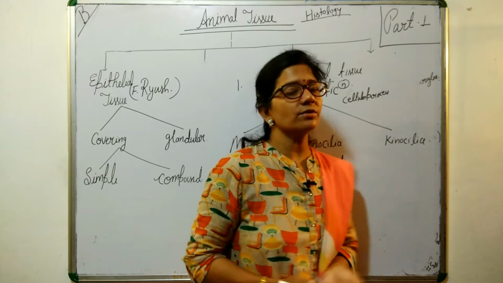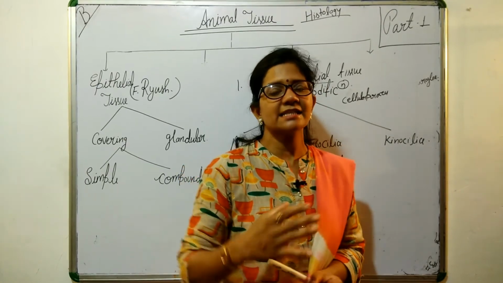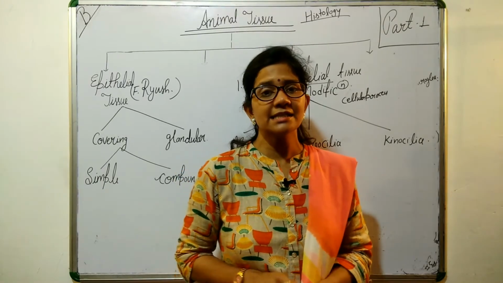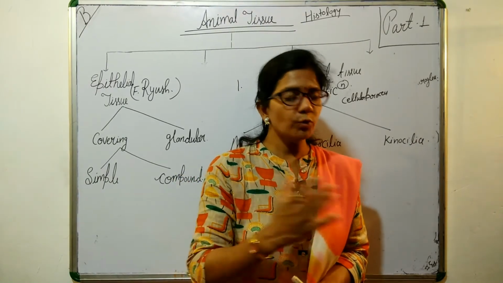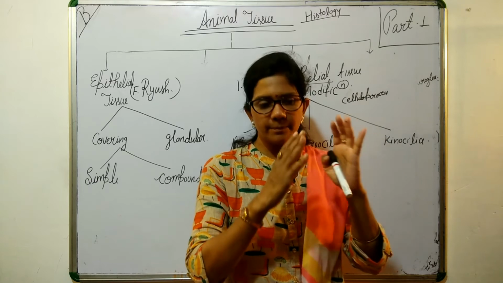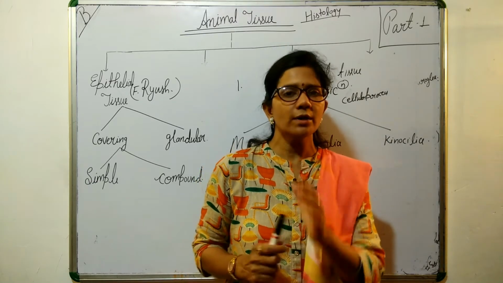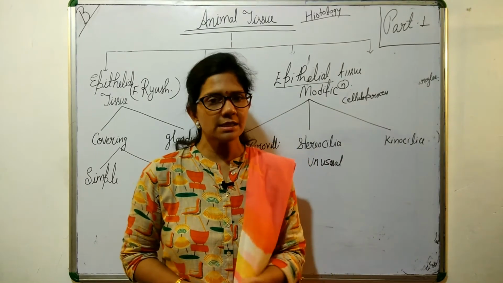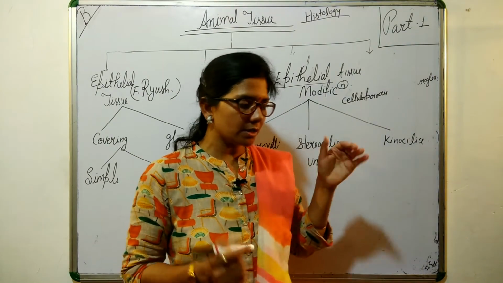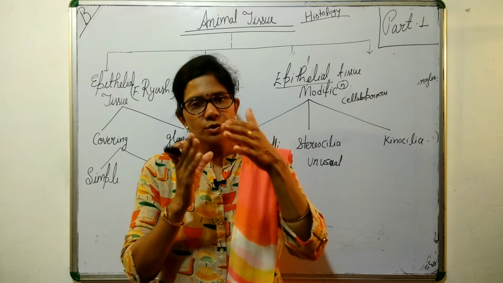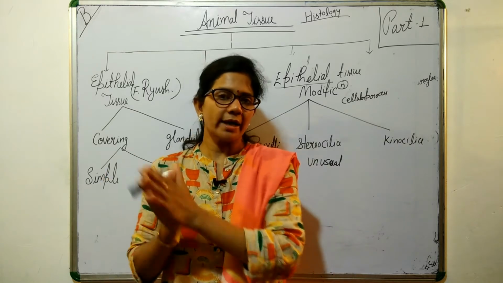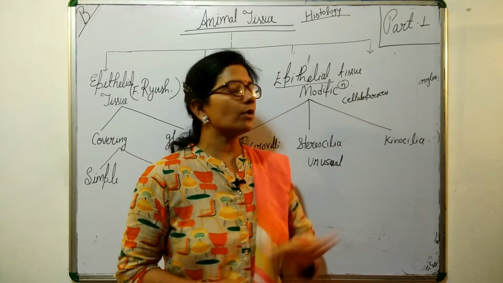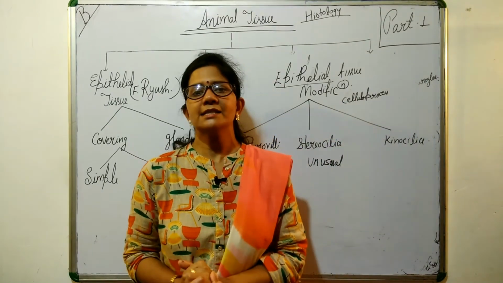And then the kinocilia. Kino means kinetics, meaning this type of cellular extension in the epithelial cells helps in the movement of the substances passing through it, providing locomotion to them. So that was about the modification of the epithelial cell.